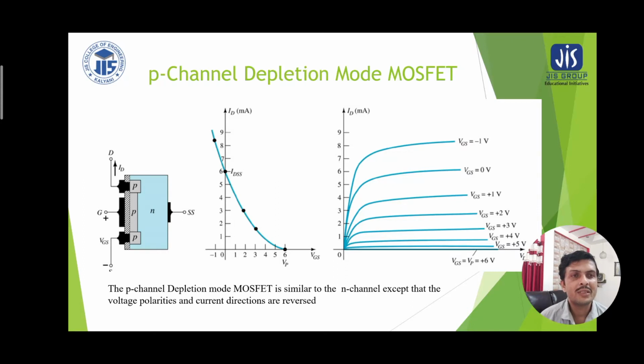Here VGS equal to plus 6 volt is the threshold voltage, and gradually if we apply reduced positive voltage, we will get a wider channel and more and more drain current. And at VGS equal to 0 volt, we get the drain to source saturation current.